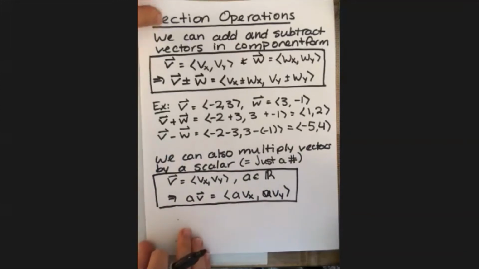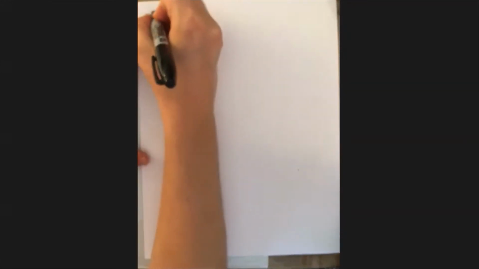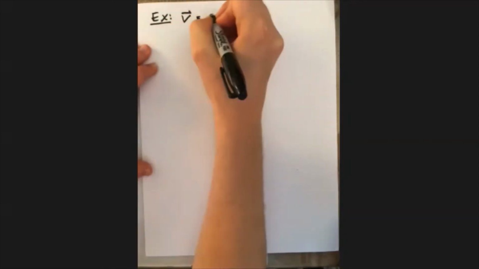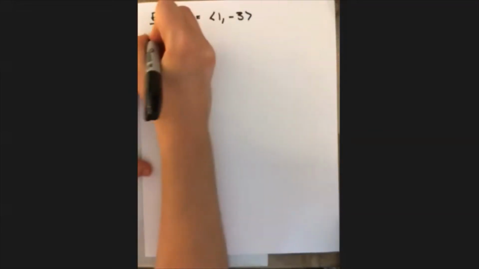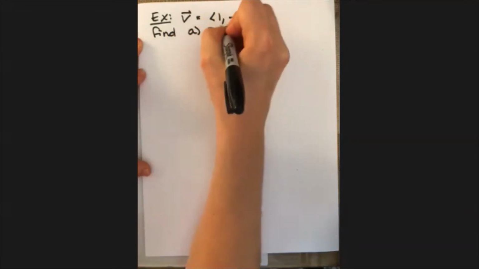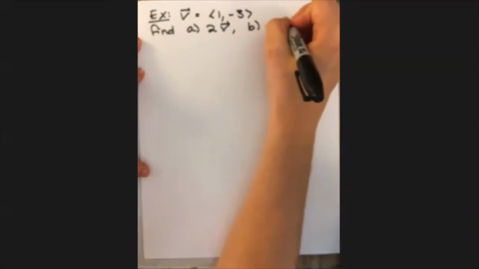And I have an example for working with scalar multiplication as well. Let's suppose v is equal to <1, -3>, and I'm going to do two examples in this case. First of all, we're going to find 2 times v, and then we're going to find -1 times v.